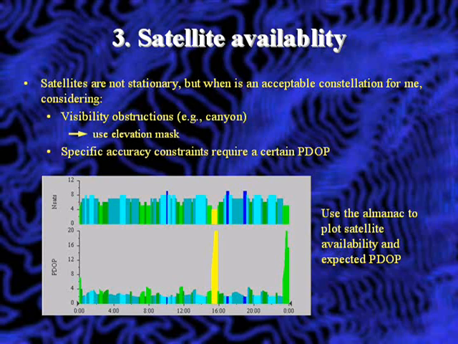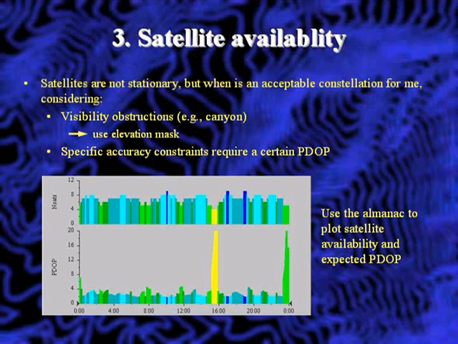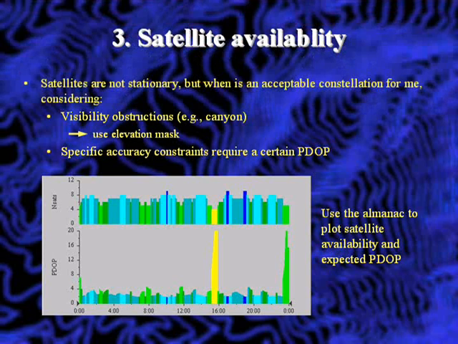Then you might have specific accuracy constraints where you require a certain PDOP. So don't go beyond a PDOP of 4 or 6, whatever you specify.